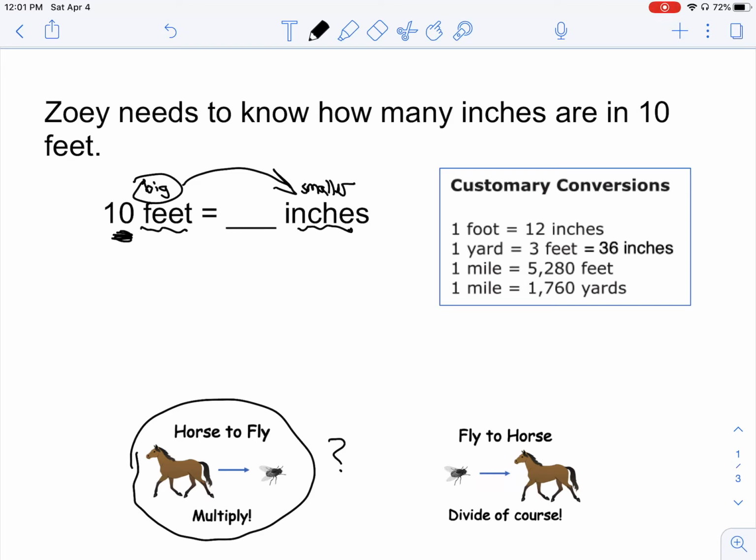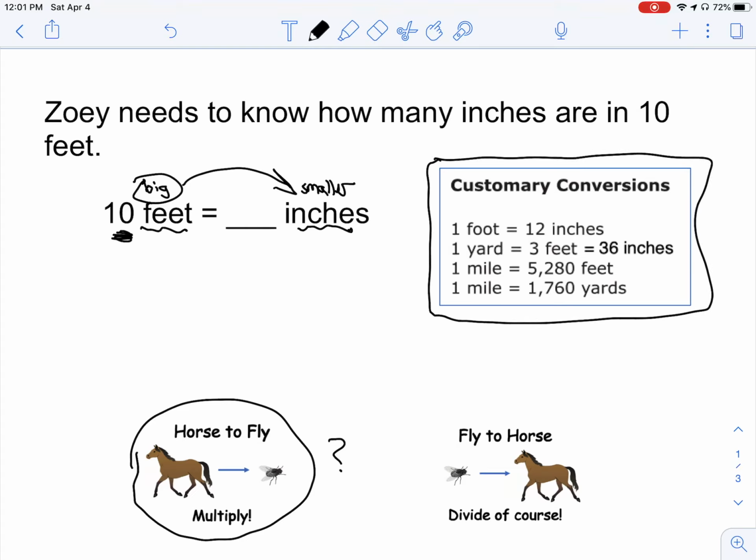So what I do is then I look over at my conversion. Now this box here is a conversion chart for length. And in this conversion, I see the one that matches this problem is 1 foot equals 12 inches.